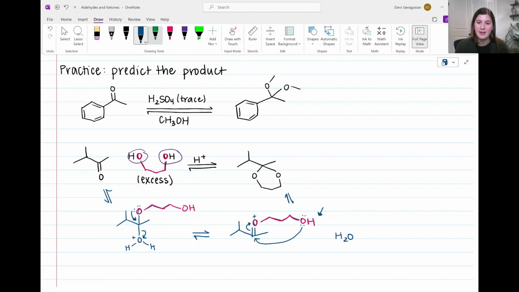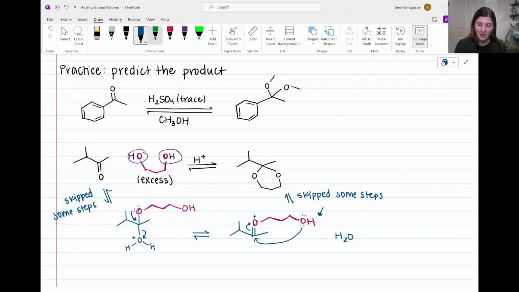And then we get that product with that ring. So I've skipped some steps. We could certainly write out the entire mechanism, but really what I'm trying to show you here is how we get that ring as that product, by having the alcohol that's getting added be a diol.